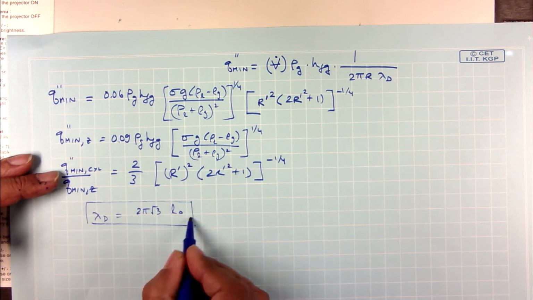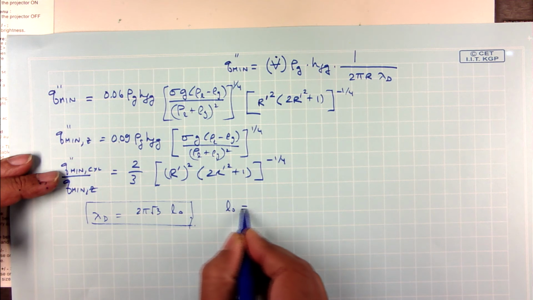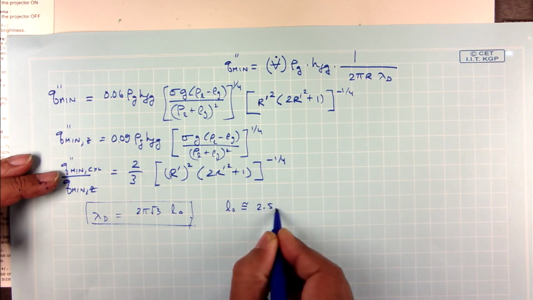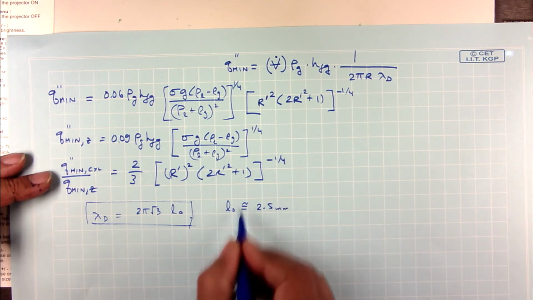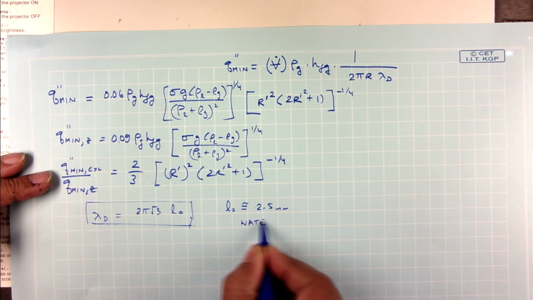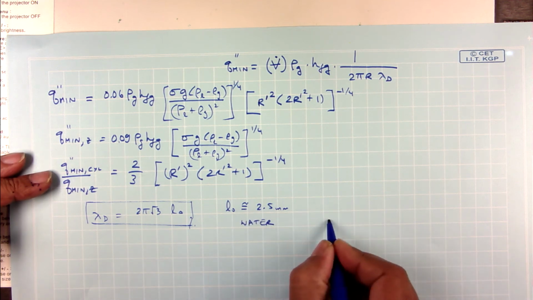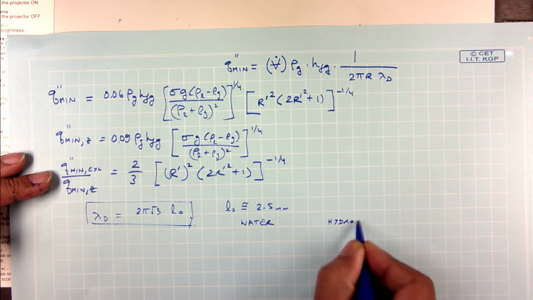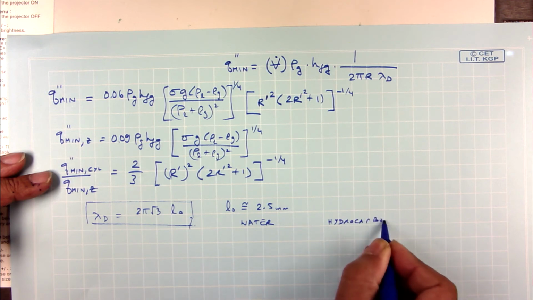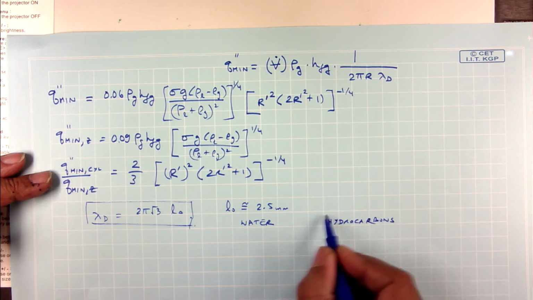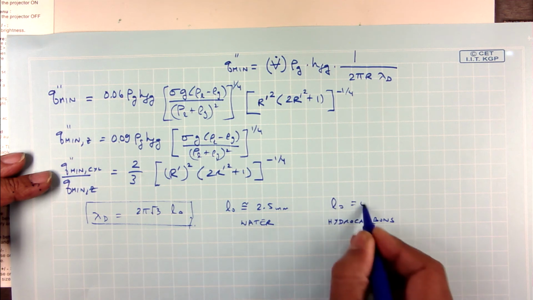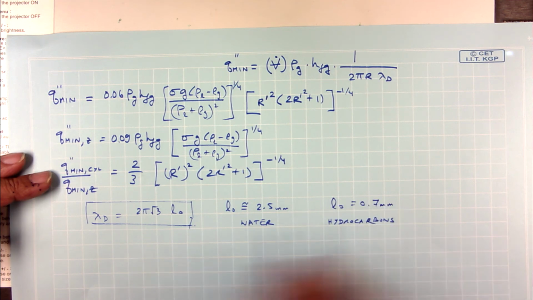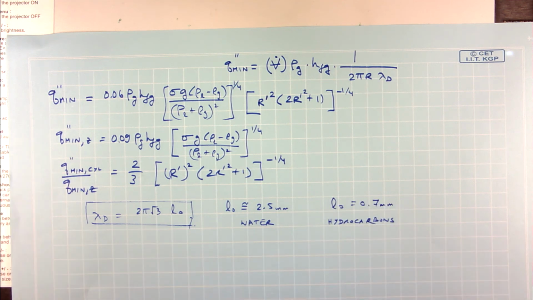So typically for water, your L naught is about 2.5 millimeter. Okay. For hydrocarbons, it could be alcohol, it could be refrigerants. This L naught is about 0.7 millimeters. You can substitute the values.